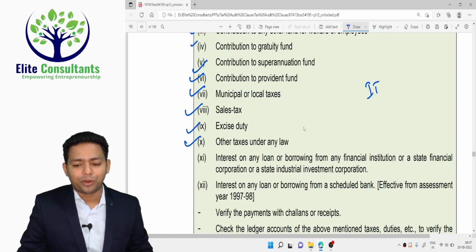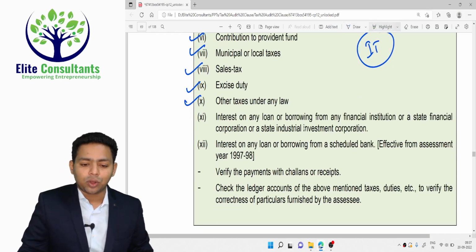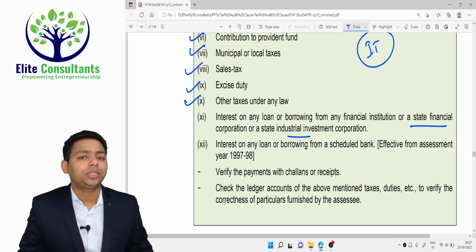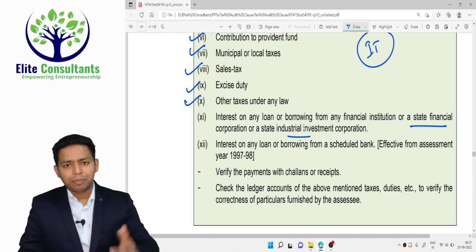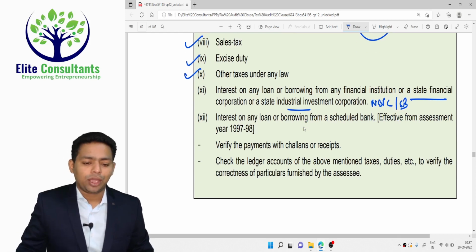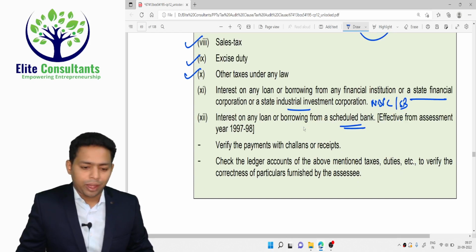Obviously we are not talking about income tax, we are talking about indirect taxes, business taxes. Interest on loan or borrowing from a financial institution, state financial corporation, state industrial investment corporation. Even NBFC and scheduled banks are covered here now. NBFC and scheduled banks are also covered now. Then interest on any loan or borrowing from a scheduled bank, yes.